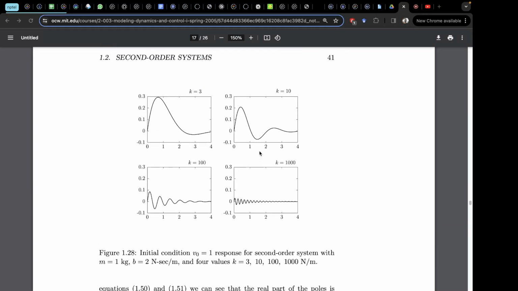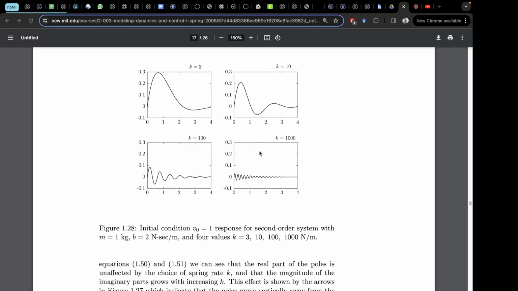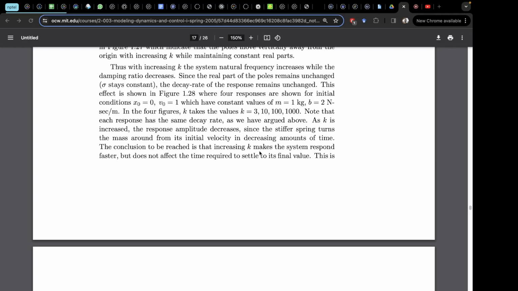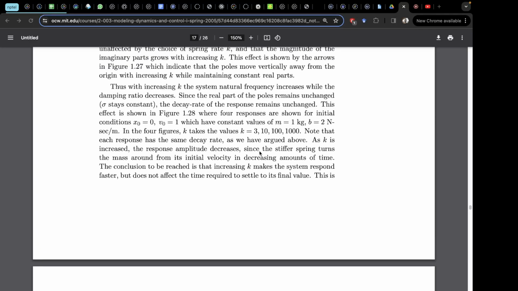Higher the stiffness, the higher the natural frequency of the oscillations, and even after that, the oscillations are still pretty high. The damping is also less in that case. The effective damping ratio is less. And in this scenario, this is what it's written here: increasing K, the system natural frequency increases while the damping ratio decreases.